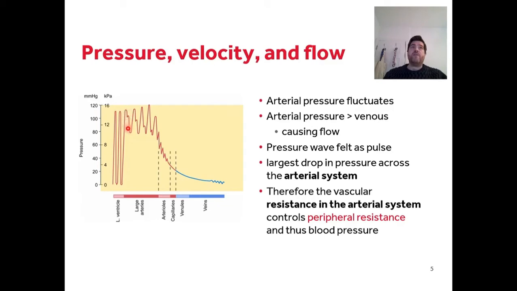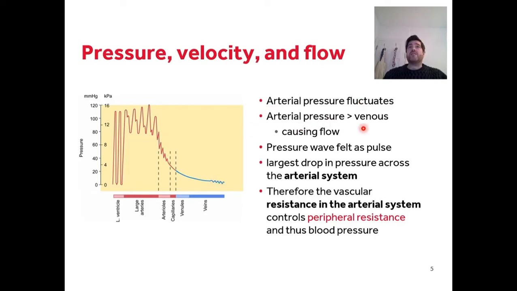Then if we move into the arterial system, you can see that the variation continues, but it is dampened out. And while it still rises between very high and very low, the average pressure is much greater in the arterial system than it is in the venous system, where blood is being returned to the heart.